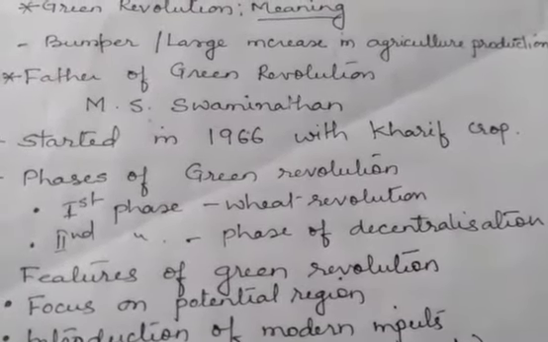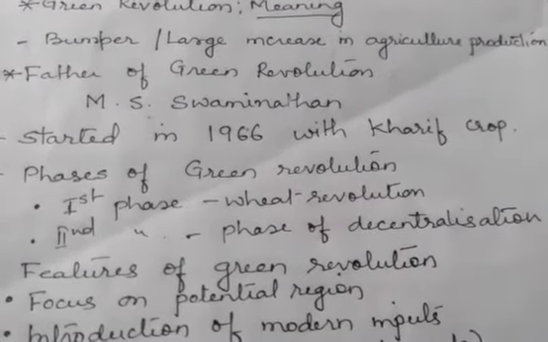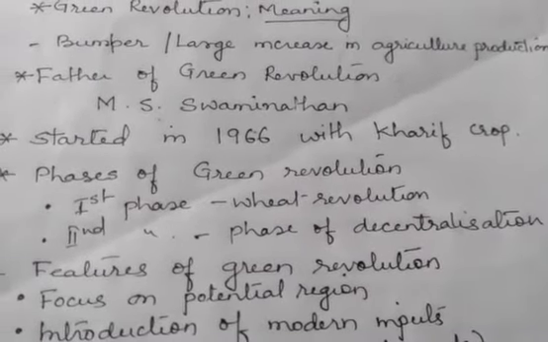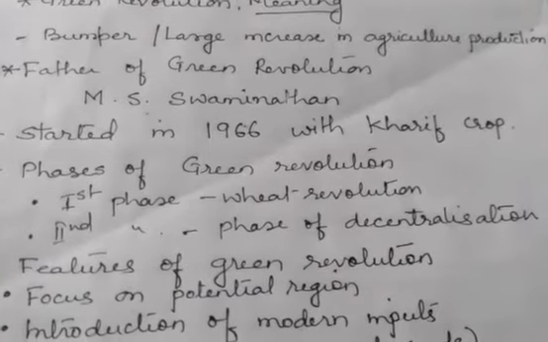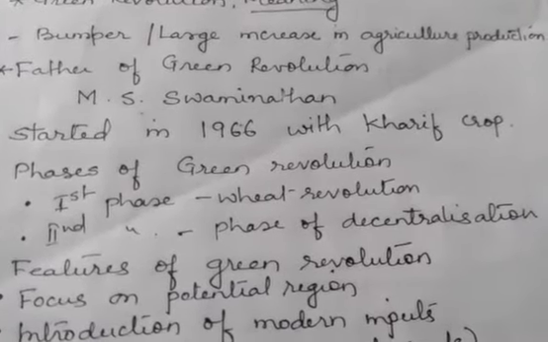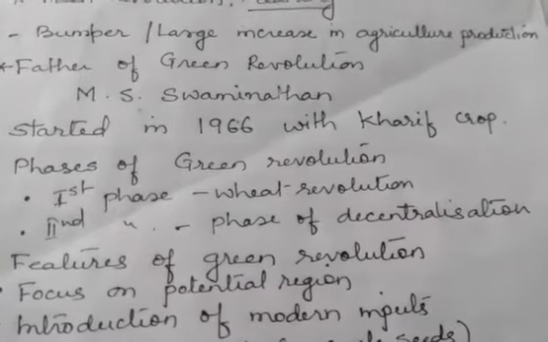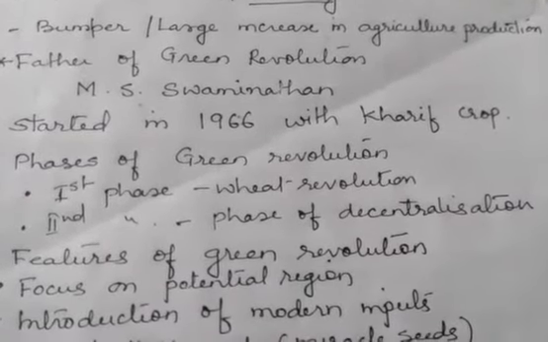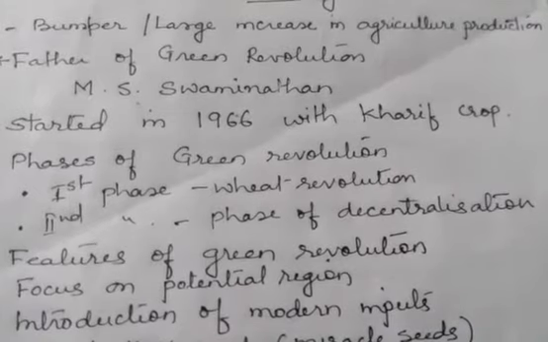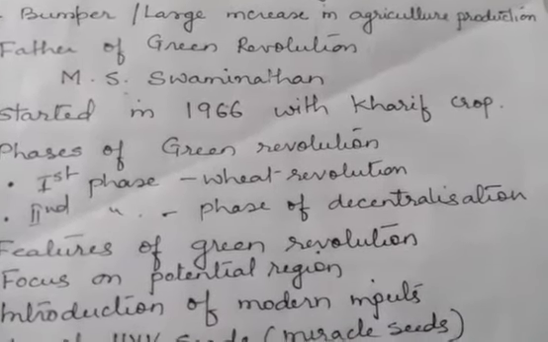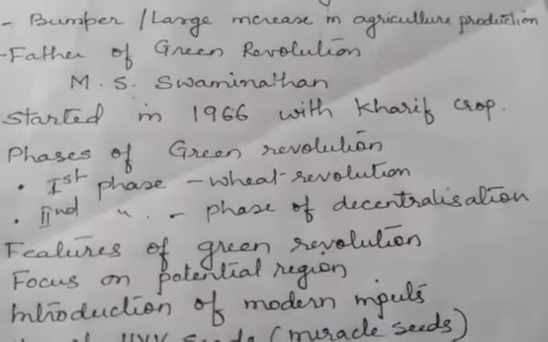Thereafter, after the success of the Green Revolution in wheat production, the government started emphasizing other agricultural products. That is, it included maize, bajra, pulses, millets, etc., so that their production could also be increased.